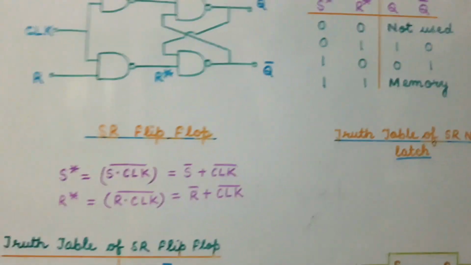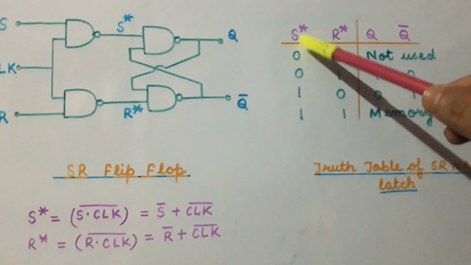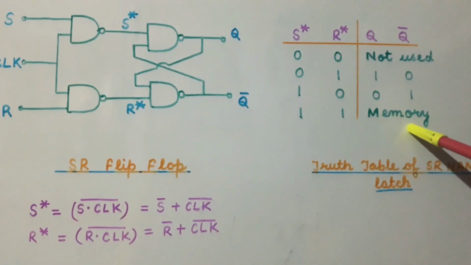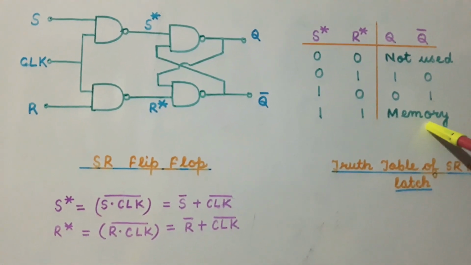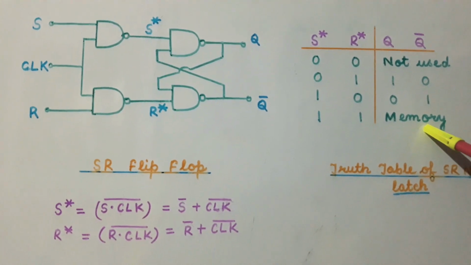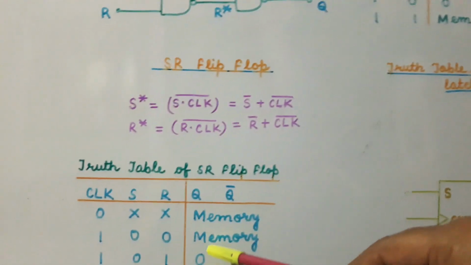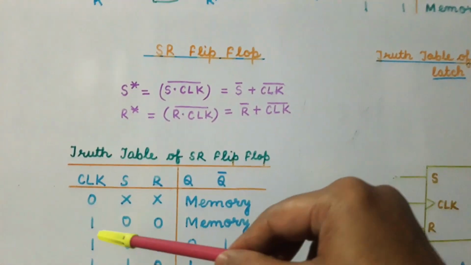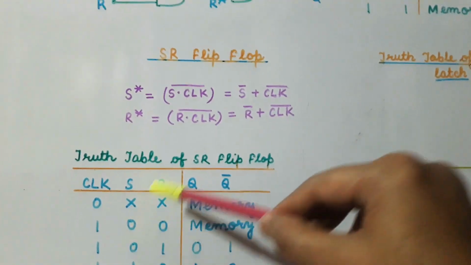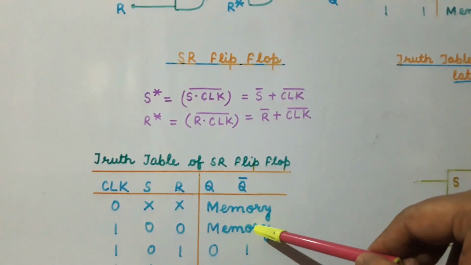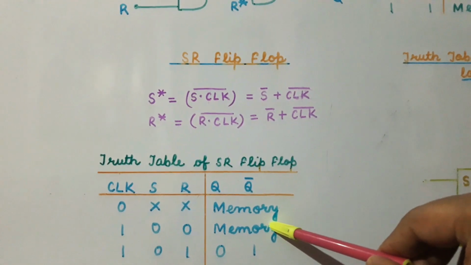And again we find from this truth table that when the value of S star and R star are 1, we are again getting the memory. So, when the clock is high and the value of S is 0 and R is 0, we are again getting the memory.